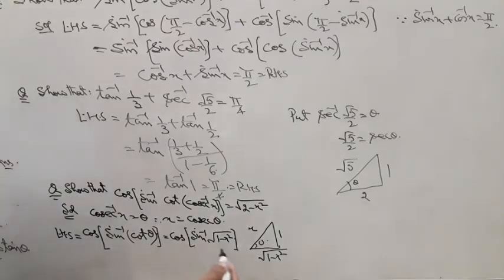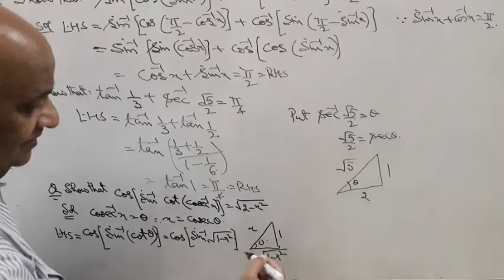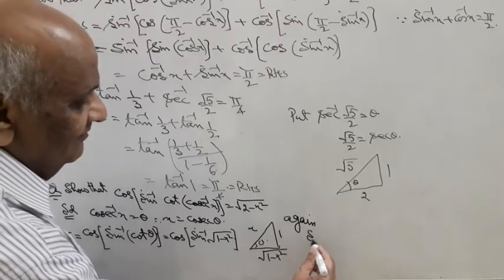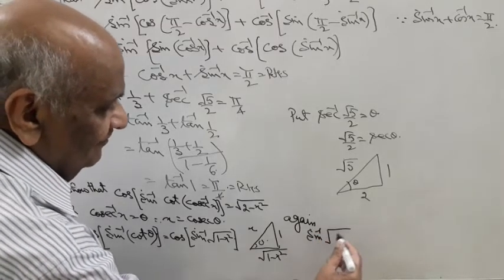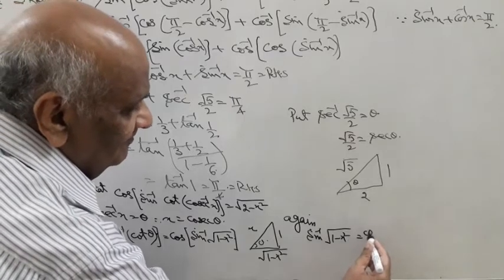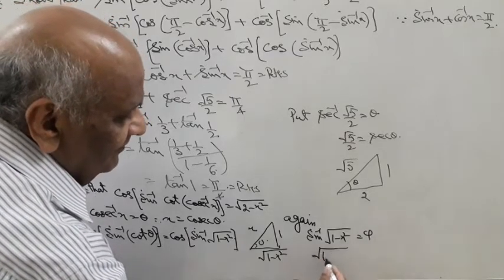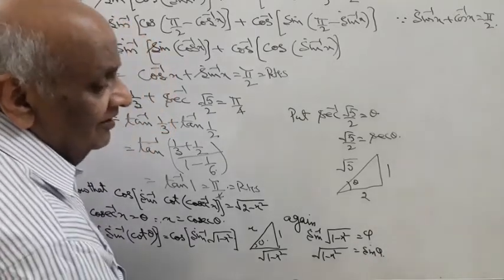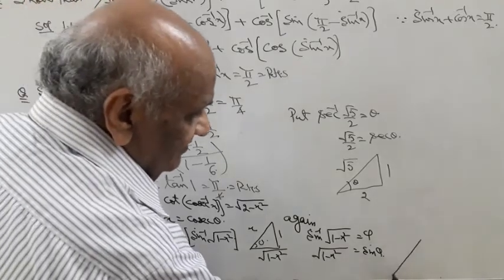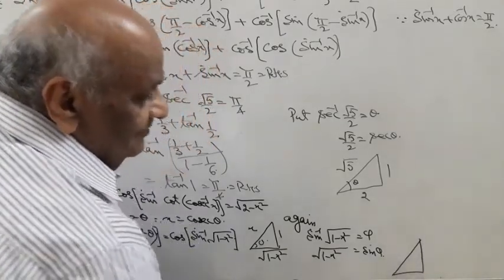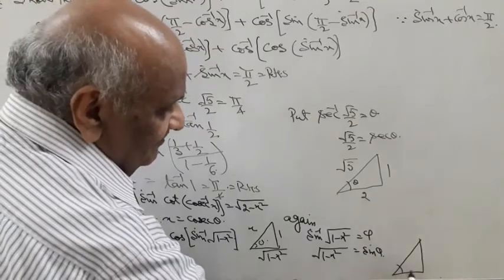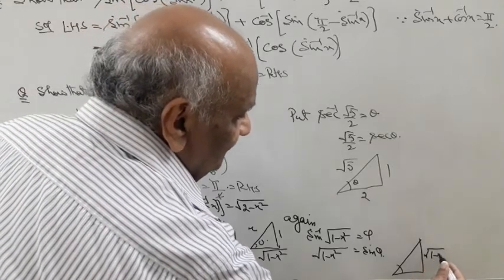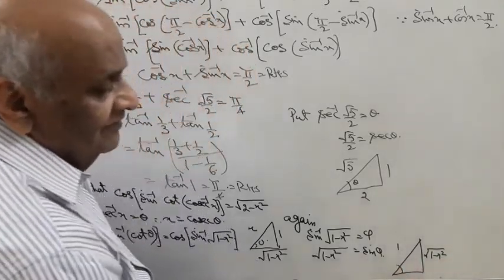Now again you can take help here. Here you can just continue. Again, sine inverse of under root 1 minus x square is φ. Therefore, under root of 1 minus x square is sine φ. Now when you draw a triangle here, check out sine φ. It is φ here. This is sine φ, under root of 1 minus x square. So it will be how much?